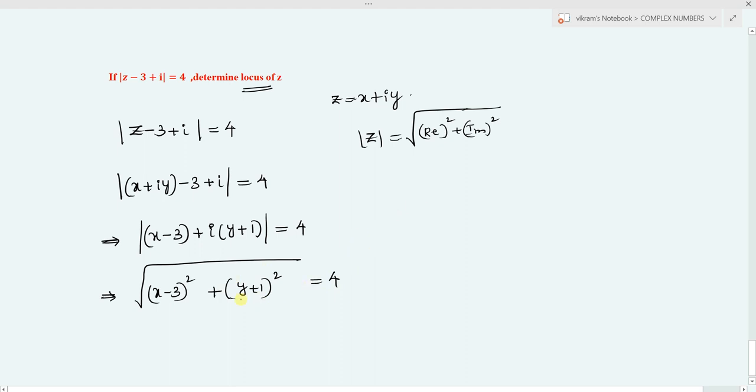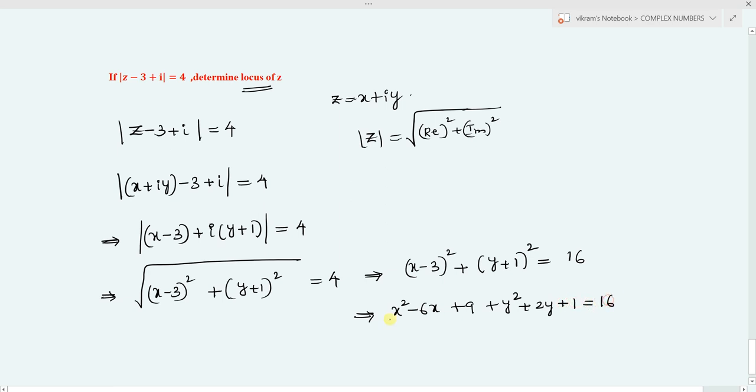Now simply squaring on both sides, we get x minus 3 whole square plus y plus 1 whole square equals 16. Now simplify this: x square minus 6x plus 9 plus y square plus 2y plus 1 equals 16.